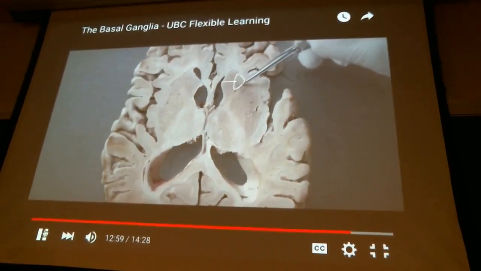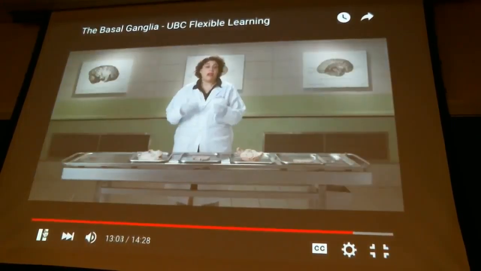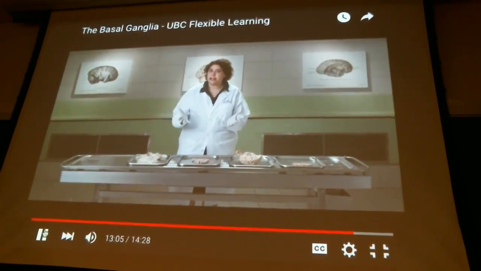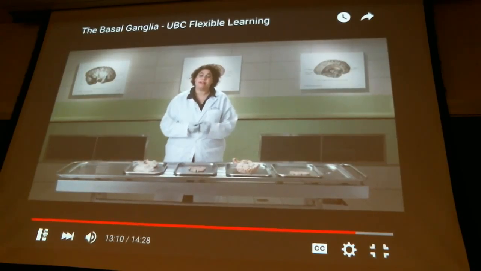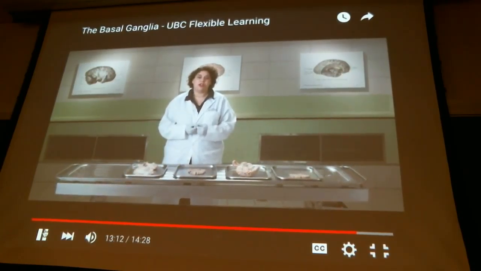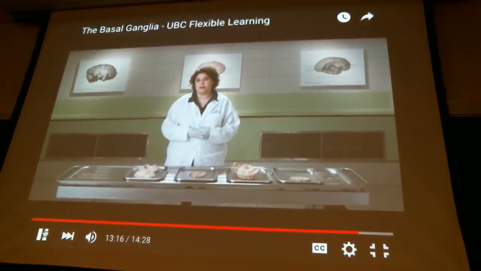And this is the nucleus accumbens. A solid understanding of the alignment of these nuclei in both the coronal and horizontal planes is a key skill in interpreting cross-sectional anatomy in all types of neuroimaging.